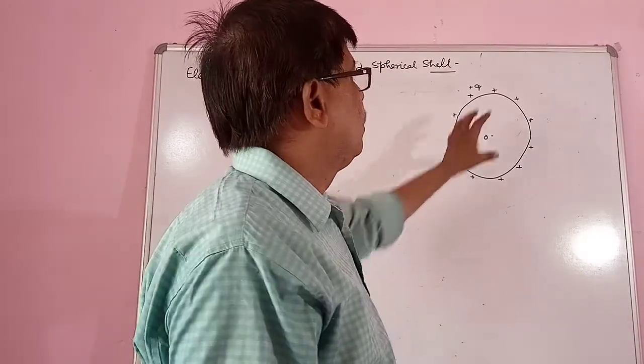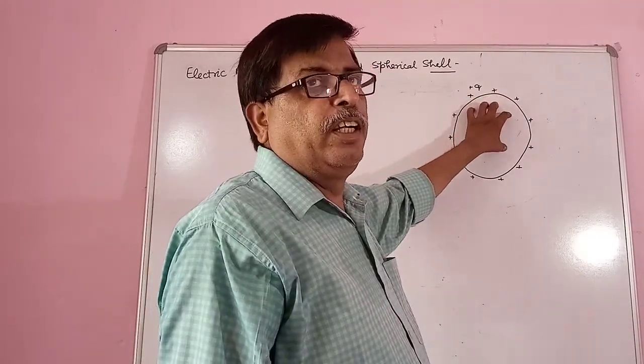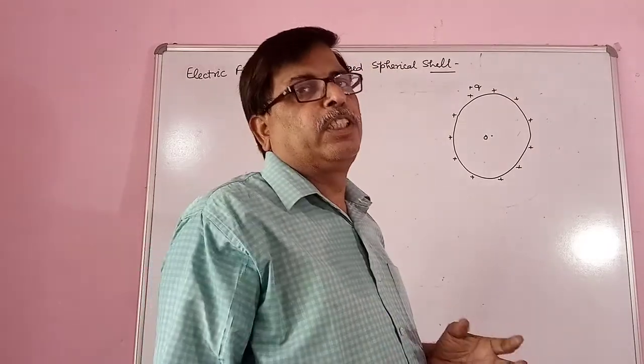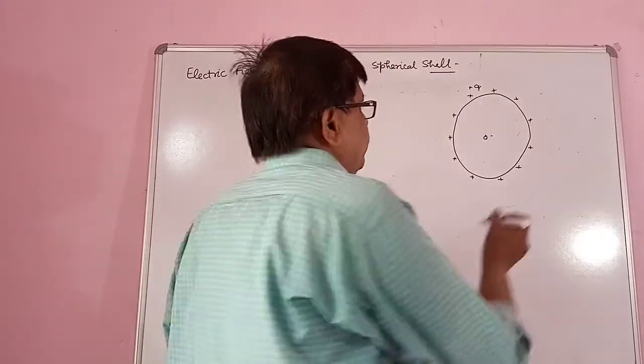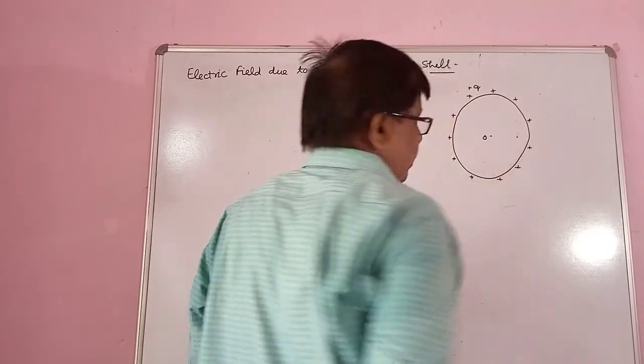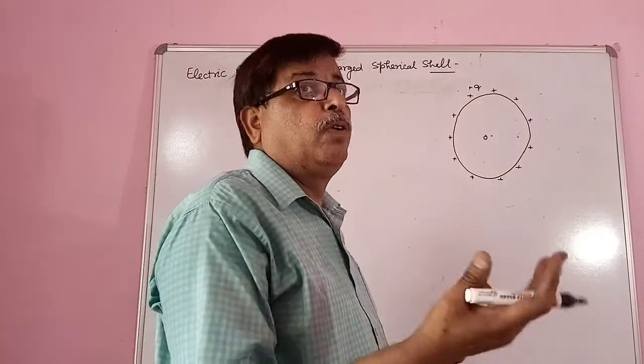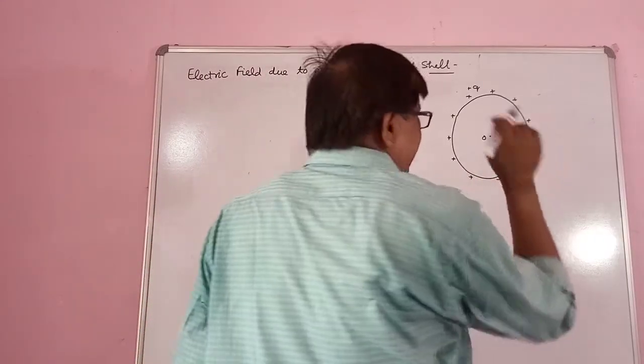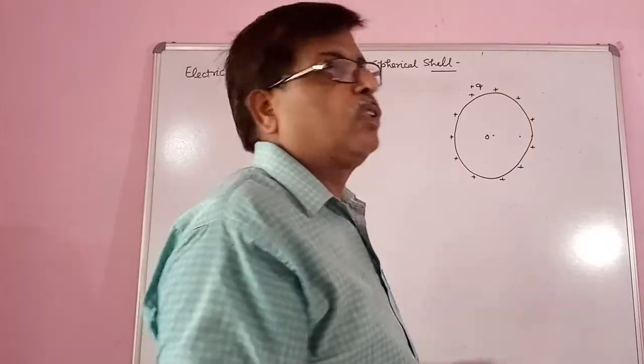Now, when we calculate the electric field at a certain point, we have three locations of that point. First, inside the spherical shell. Second, at the surface of the spherical shell.